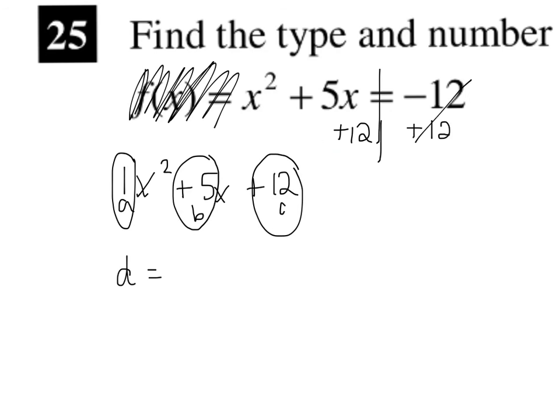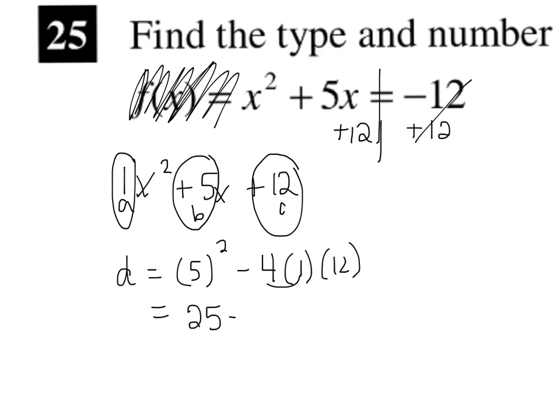So they go in the discriminant formula. b squared, so it'll be 5 squared, minus 4 times a times c. And we're going to get 25. Negative 4 times 1 is negative 4, and negative 4 times 12 is negative 48.